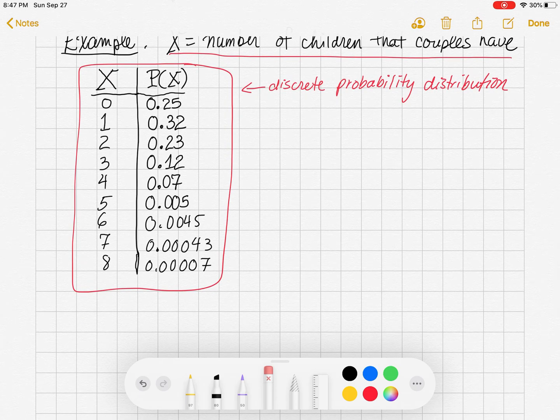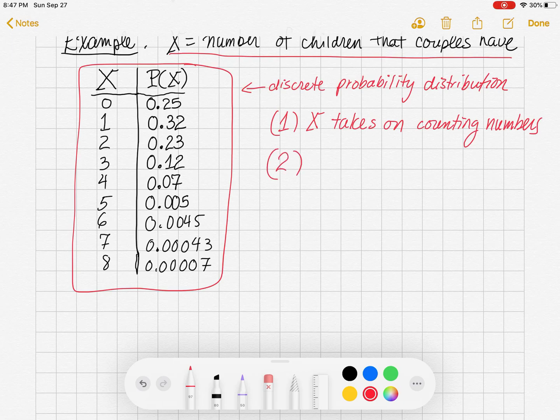So some things you'll notice about this. Number one, the x values: X takes on counting numbers. Anytime you're talking about a discrete probability distribution, the random variable x has to take on counting numbers.